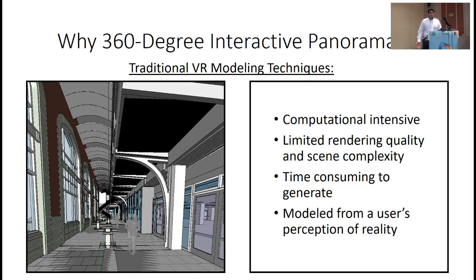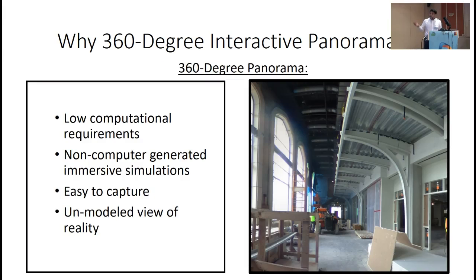Moreover, it's time-consuming. It requires a set of modelers to develop the project. And inevitably, those modelers are human. So what they model is what is perceived by them as the reality, which might not be 100% accurate. On the other hand, 360-degree panoramas have low computational requirements because they are in a format of images or videos.